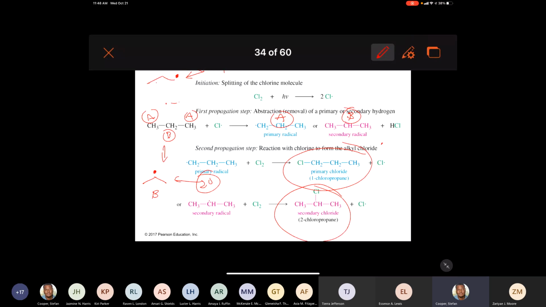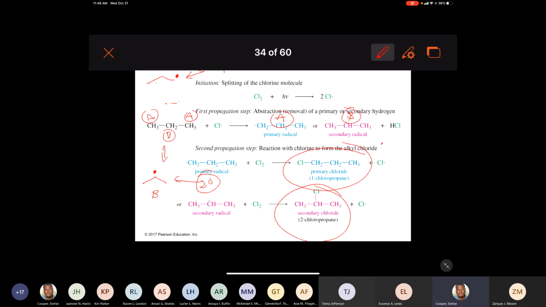This is 1-chloropropane. This is 2-chloropropane. And if I ask you which product had to be the major product, you would tell me which one is major. The 2-chloro, right?